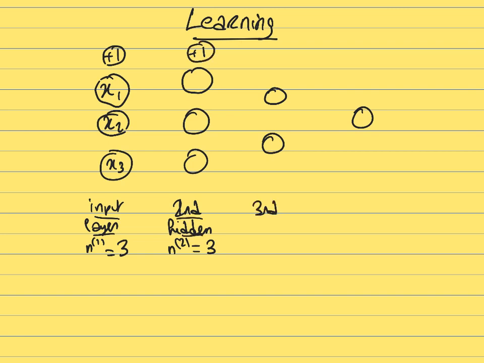Then the third layer is also a hidden layer, and in this case it has two neurons, this being the number of neurons in the third layer, plus one bias. Then you have the last one, the output layer, which is the fourth layer, and there's only one neuron in the output layer.